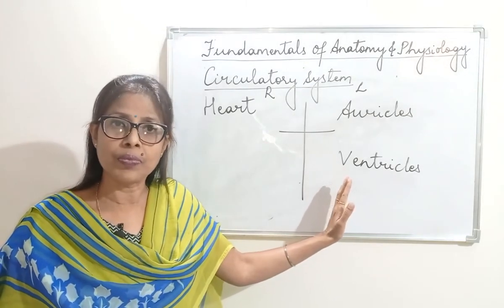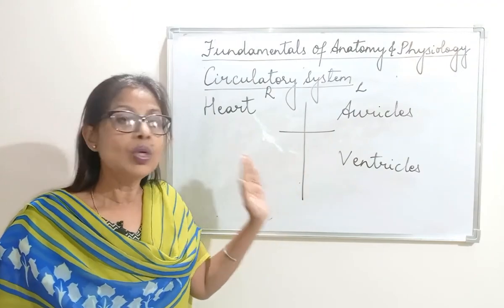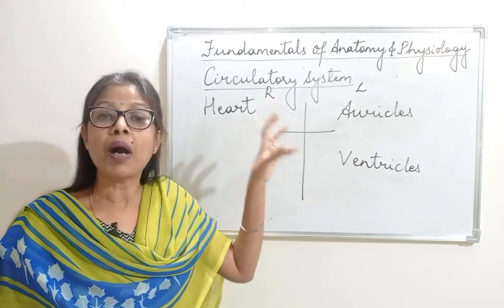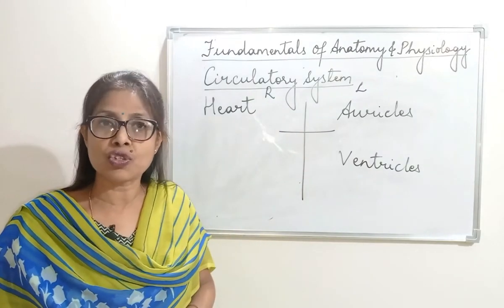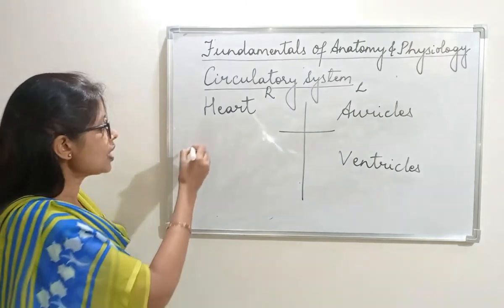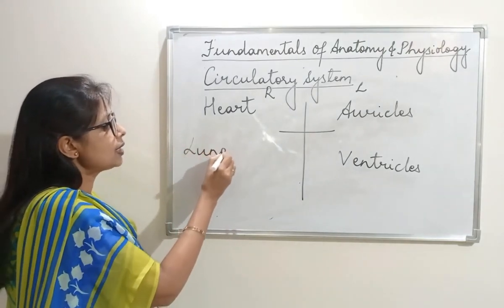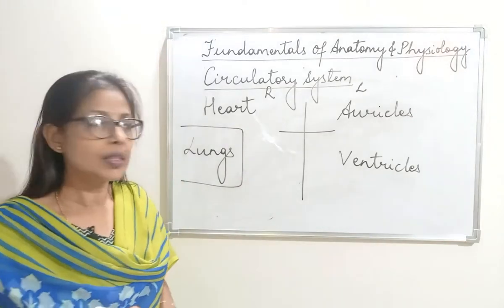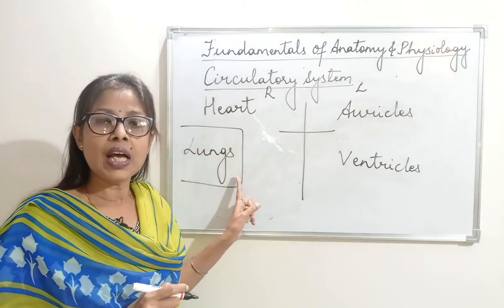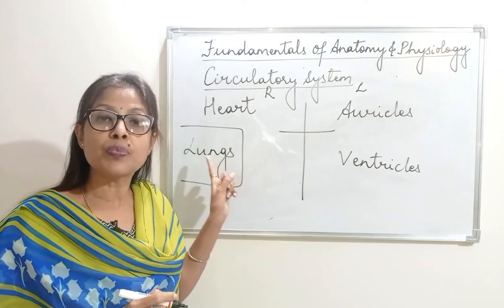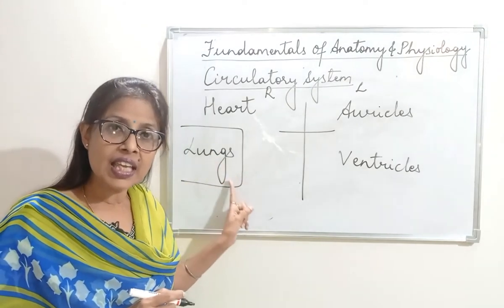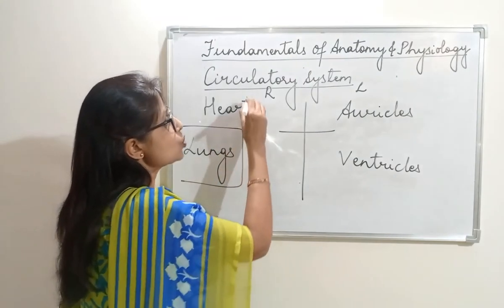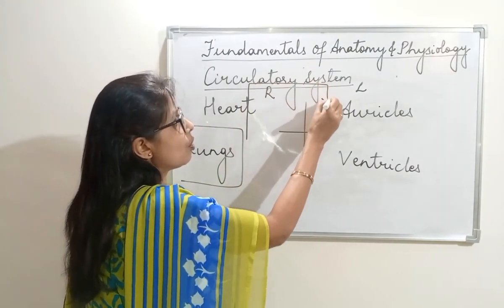Now we will see how the blood is used by the heart to pump into the different parts of our body. If we consider that the lungs are somewhere here next to the heart, then from the lungs, when the blood becomes pure after taking up the oxygen in the lungs, it passes into the left auricle.